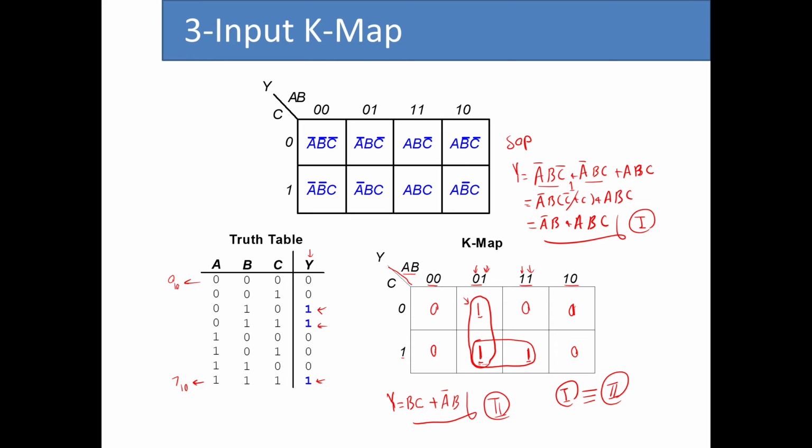But when it comes to implementation, this is simpler, right? Because it only requires two 2-input AND gates and 1 2-input OR gate. While for this one it requires 1 2-input AND, 1 3-input AND, and then 1 2-input OR.